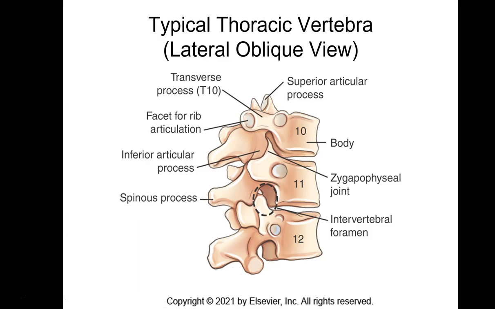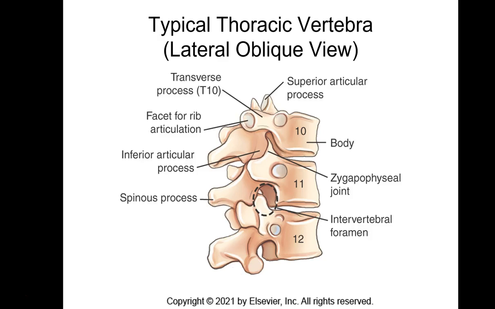So let's summarize the anatomy that we just learned. On the first 10 thoracic vertebral bodies, you have facets or demifacets for the articulation of the heads of the ribs. You also, however, on the first 10, also have costotransverse joints, where the tubercle of the rib articulates.